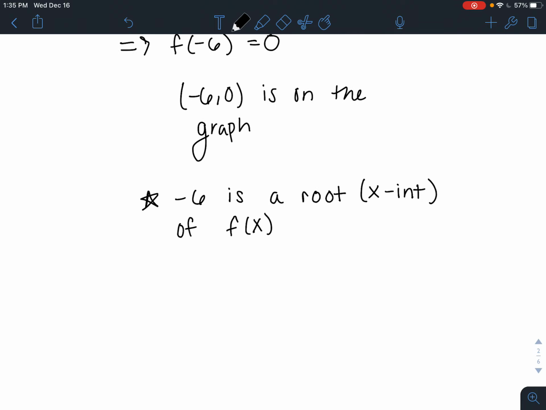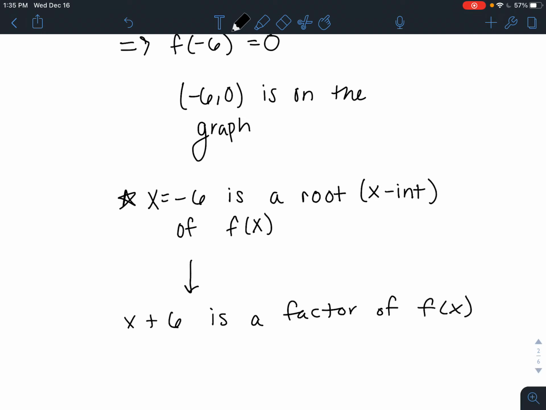Another way that we can say that is, I'm going to actually change my handwriting here a little bit, x equaling -6 is a root or the x-intercept of the function, and then that means that x plus 6 is a factor of this polynomial f of x. Because if we have x equals -6, if we make that equal to 0 by adding 6 to both sides, we get x plus 6 equals 0, so that would have been the factor. And that's essentially what the factor theorem is.